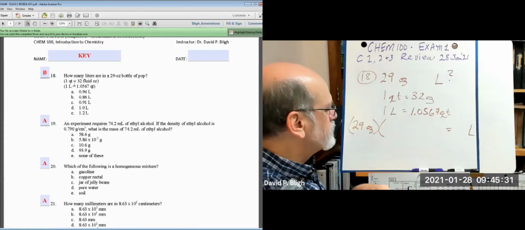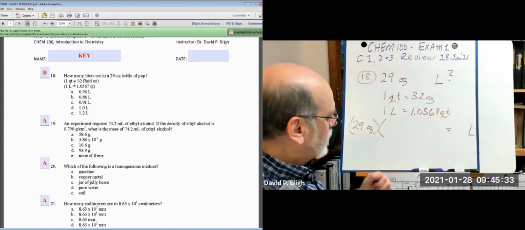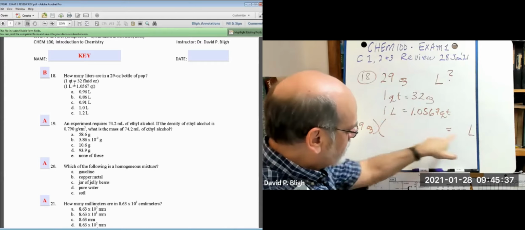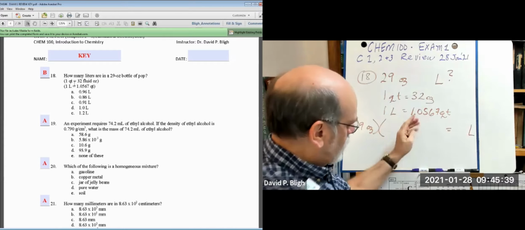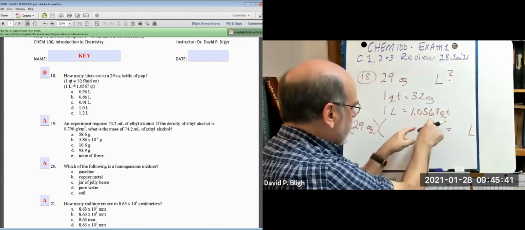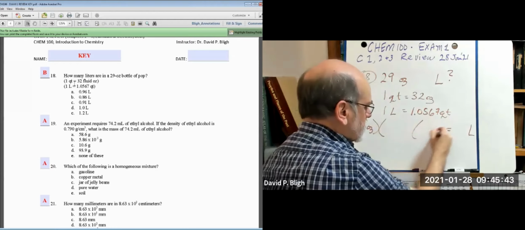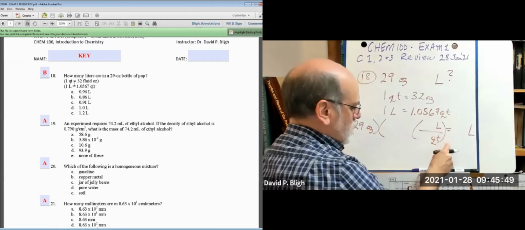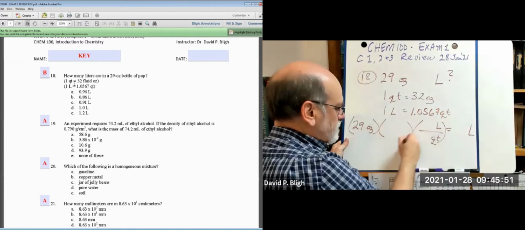So what do I want to do first? Well, there's liters. So that one is going to give me this over here. But how do I get from these units, liters and quarts, from here to there?